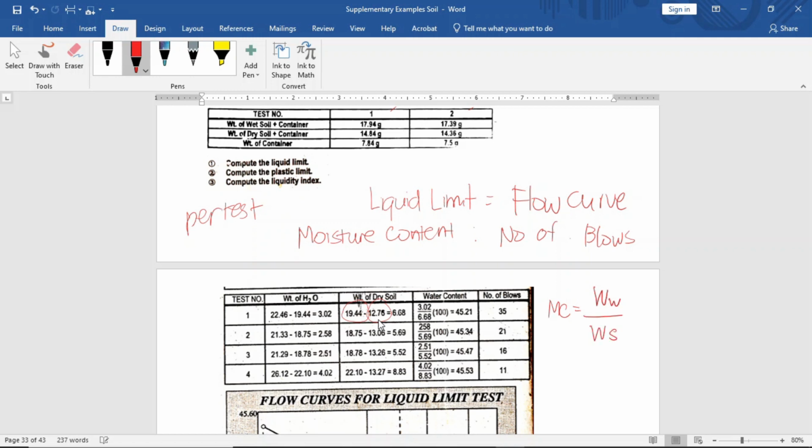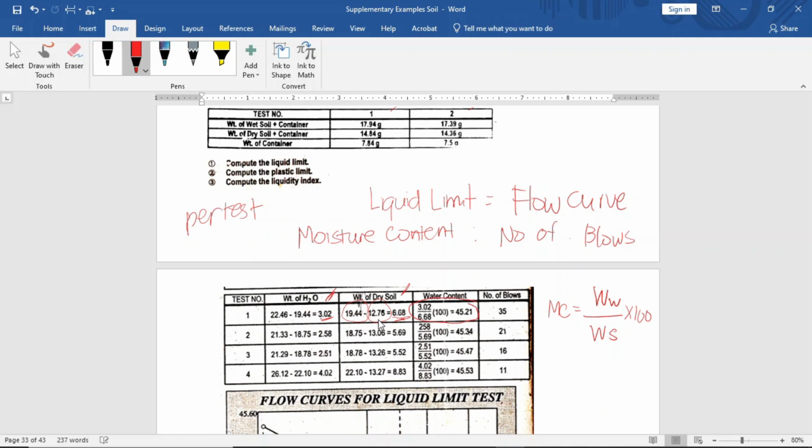So, meron tayong weight of water, ito yun, tapos weight of dry soil. Tapos, times 100 lang natin para maging percent. So, 3.02 all over 6.68 times 100 is 45.21%. So, yun yung moisture content natin para sa test 1.